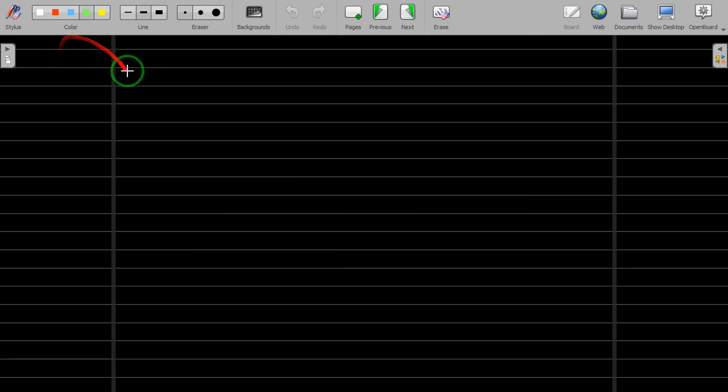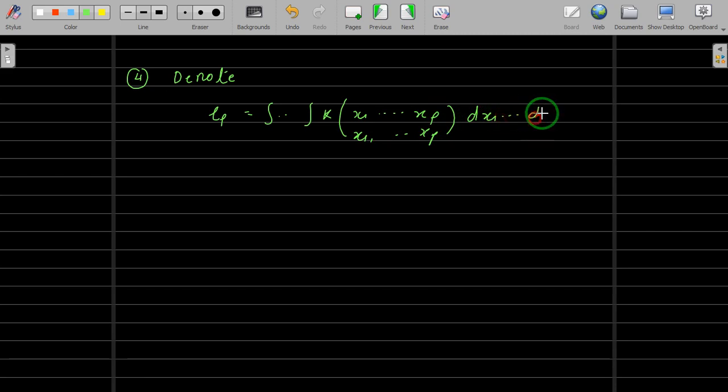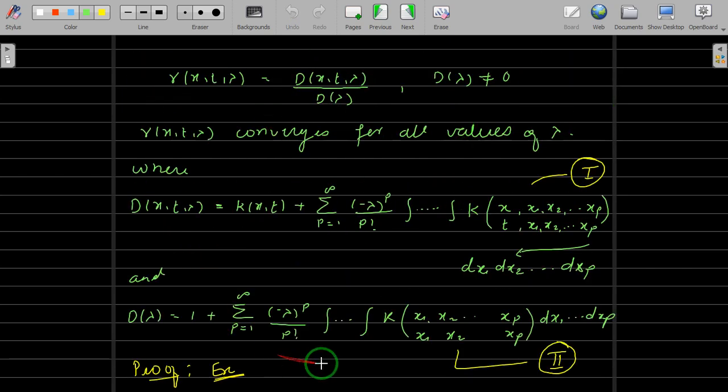Now, if you denote this small cp as equal to those p integrals of k(x1, ..., xp; x1, ..., xp) dx1 up to dxp, then your equation 2 will become D(lambda) equals 1 plus summation minus lambda raised to p upon p factorial, and this entire integral you have denoted by cp.